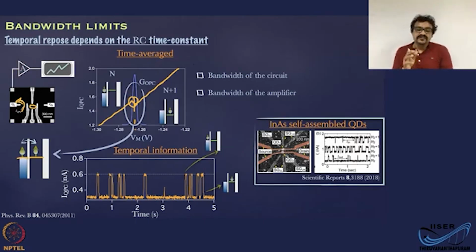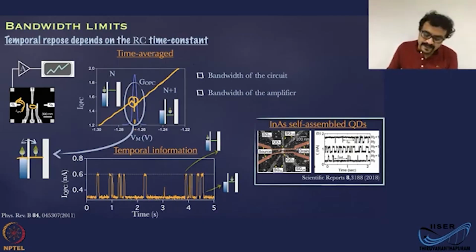But if you try to observe what happens at this point as a function of time using an oscilloscope, you will see that the current through the quantum point contact, IQPC, exhibits a two-stage behavior, where the low current state happens when the electron is inside, and the high current state happens when the electron is outside.